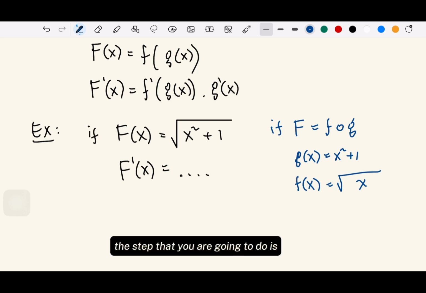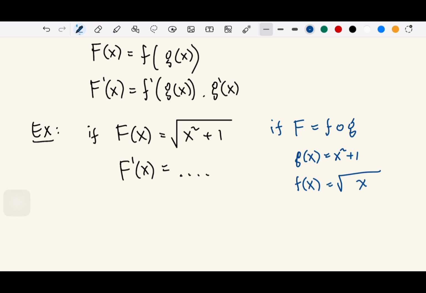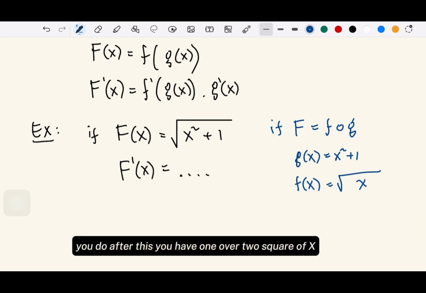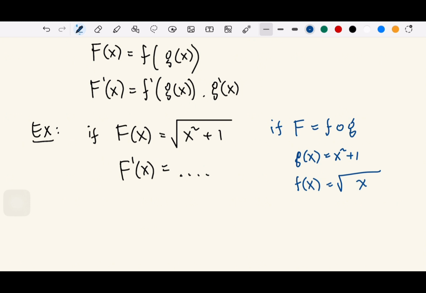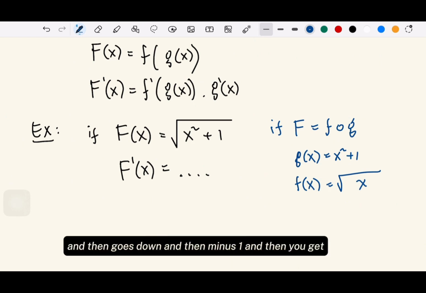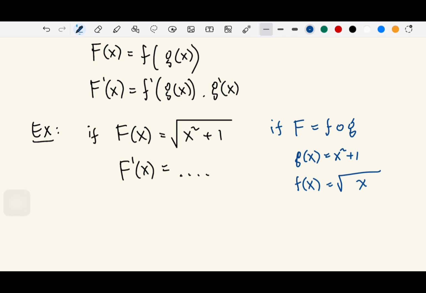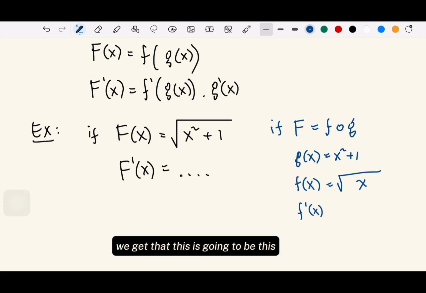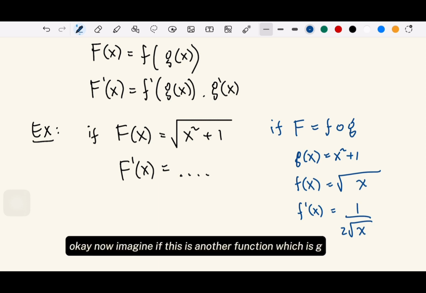The steps you are going to do is, you derive the outside function first, which is the square root of x. You derive this, and it becomes 1 over 2 square root of x. If you're not sure, you can use the power of a half, bring it down, and then minus 1, and you get the result. Now imagine the inside is another function, g.